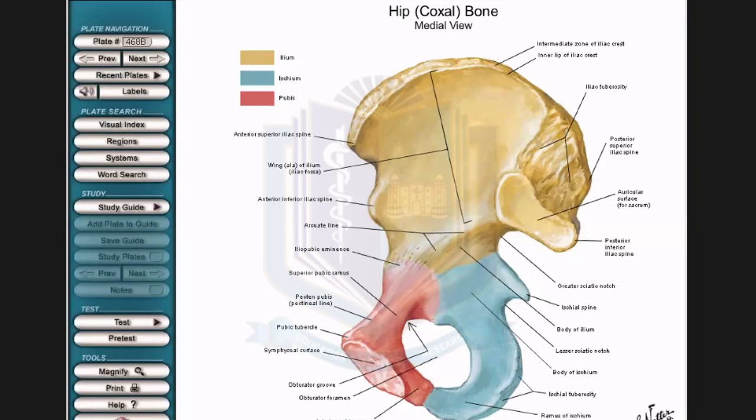Anyone else? So what is the medial border of hip bone?